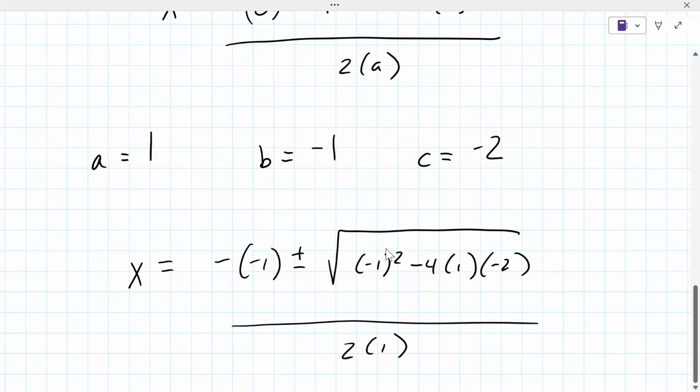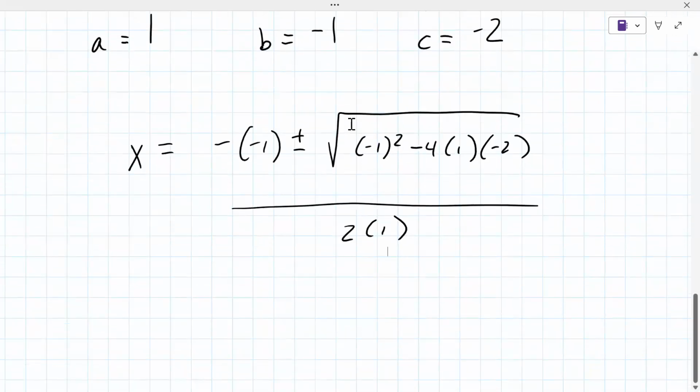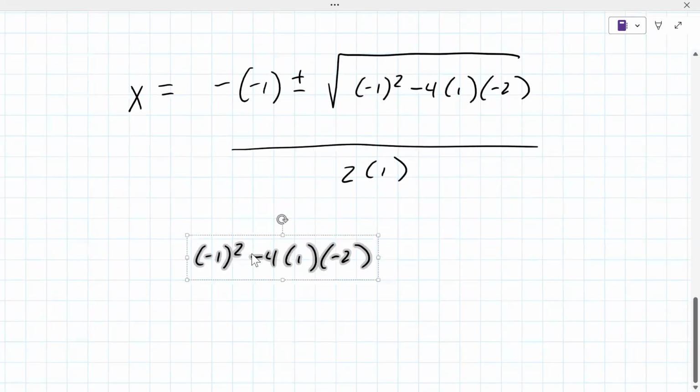No, this part under the root here. This is where most of the mistakes are made.